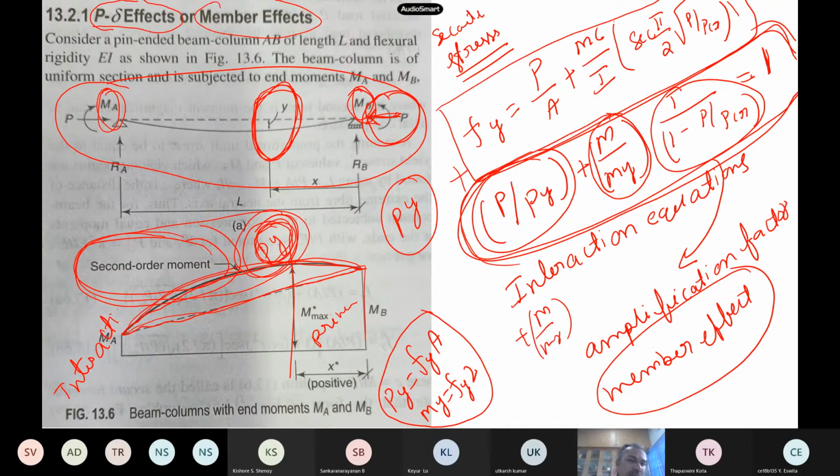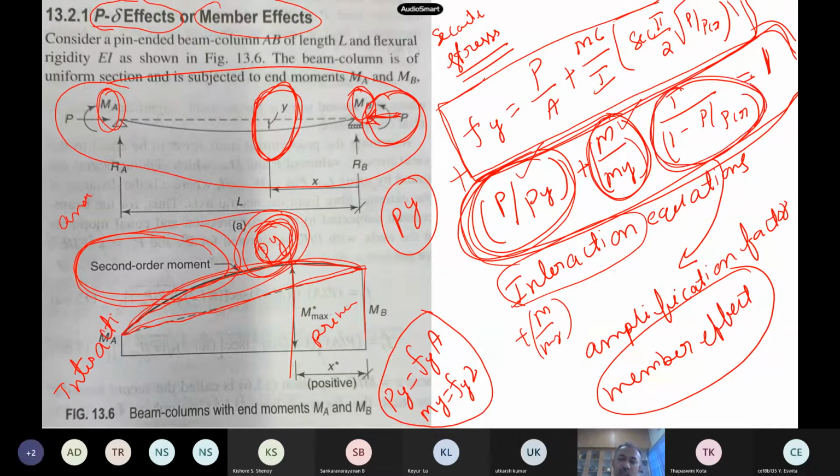You can solve this analytically. If you solve the equation, as I have already written last class, finally we can derive expressions like this. This is the secant formula, and you can rewrite these expressions in a nice fashion: P by Py plus M by My times 1 by (1 minus P by PCR) is equal to 1. These types of equations we call interaction equations. This is an interaction equation between the compressive force and the bending moment. The quantity 1 by (1 minus P by PCR) acts as a coefficient, where PCR is Euler's buckling load, pi square EI by L square.